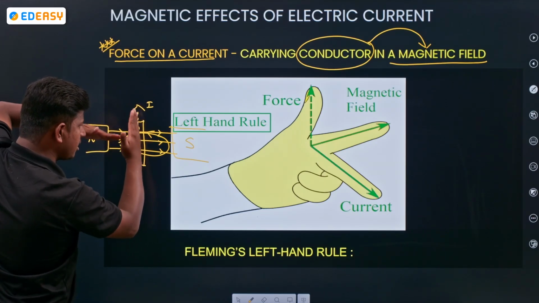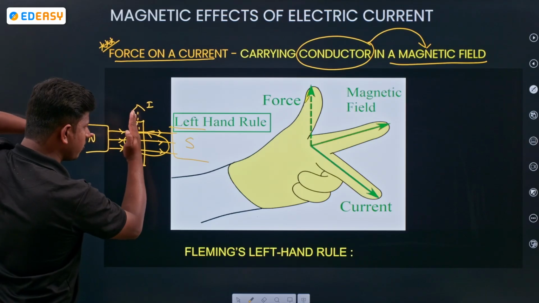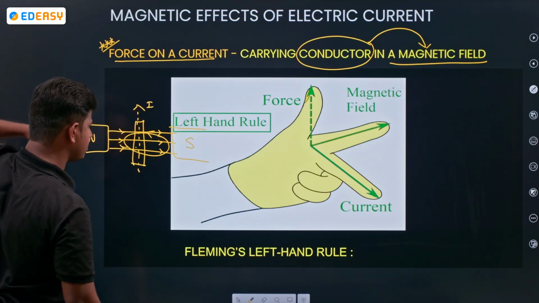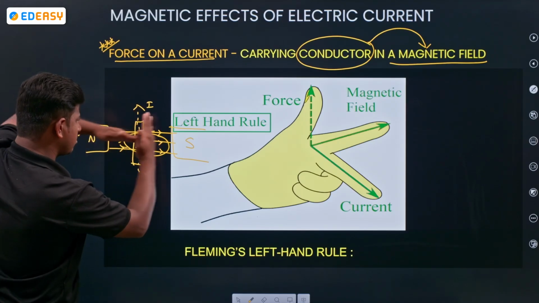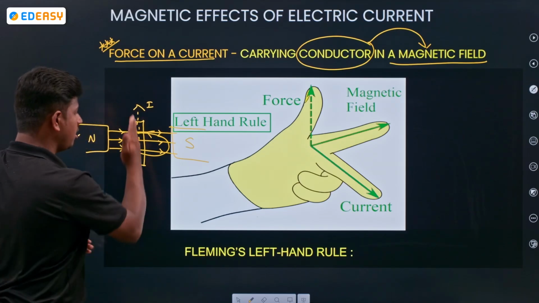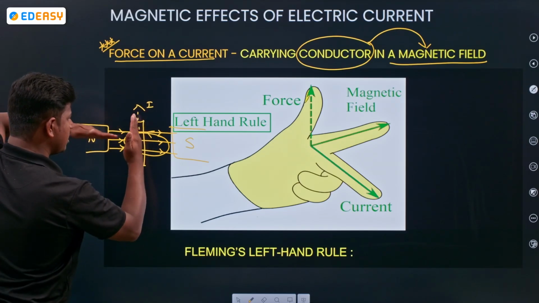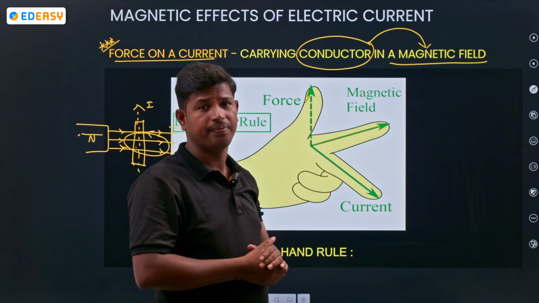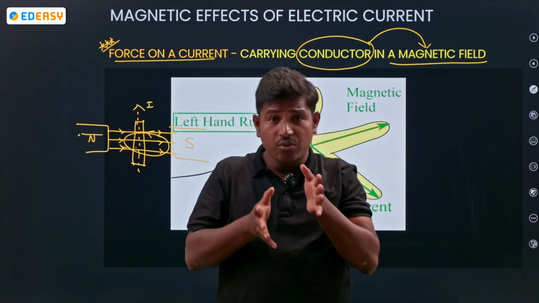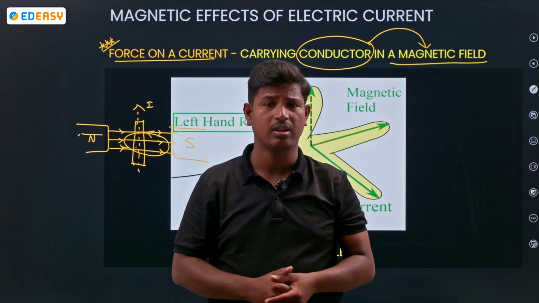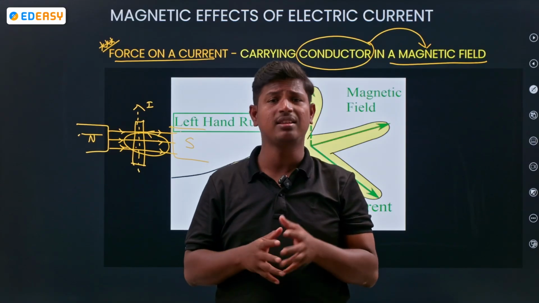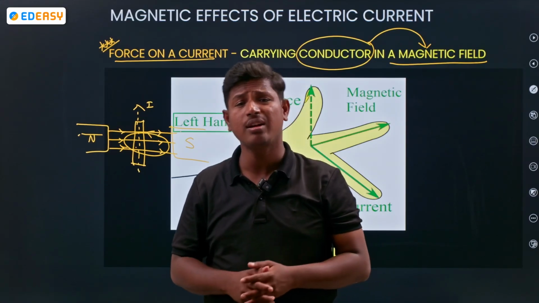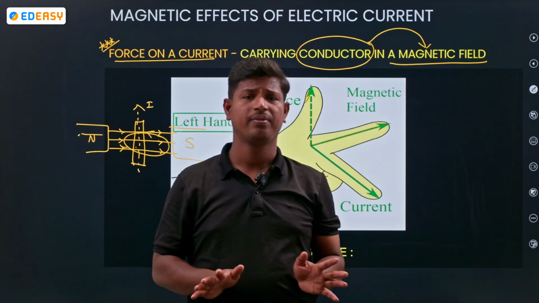So the conductor is arranged in a magnetic field and a force acts. How will the force be, and how will the motion be? It's very complicated to find out without any rule.